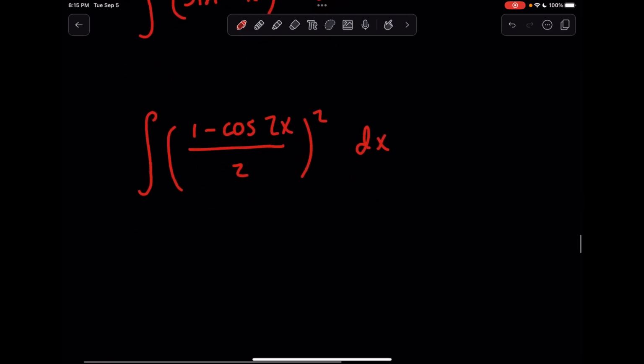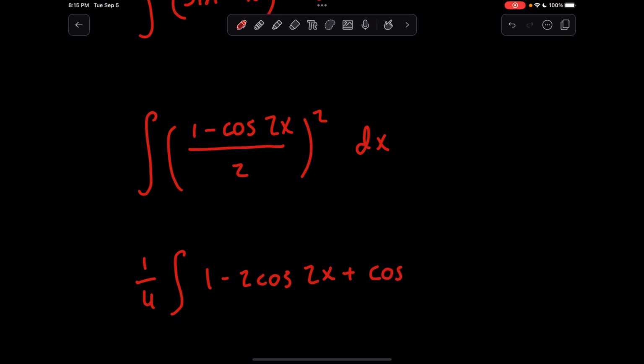Now to square this, the denominator will just become a coefficient of 1/4 times the integral of, now we need to FOIL out the numerator. So this will become 1 minus 2 cosine 2x plus cosine squared of 2x. And so again, I just FOILed the numerator.